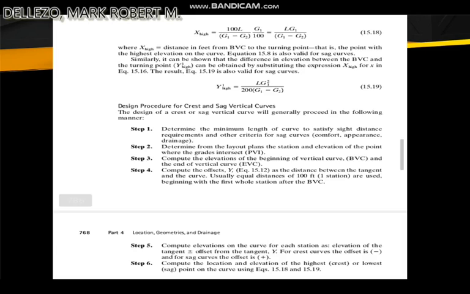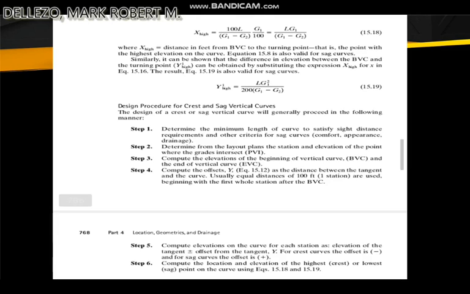Next step, determine from the layout plans the stations and elevations of the point where the grades intersect, the PVI. Next, step 3, compute the elevations for the beginning of vertical curve, BVC, and the end of vertical curve, or EVC.